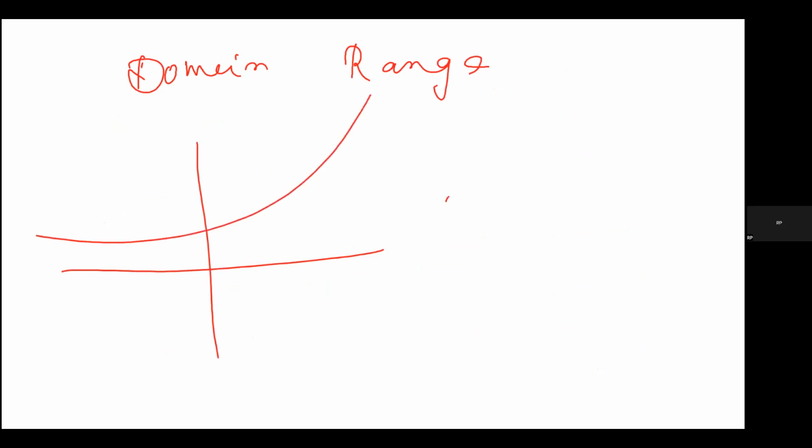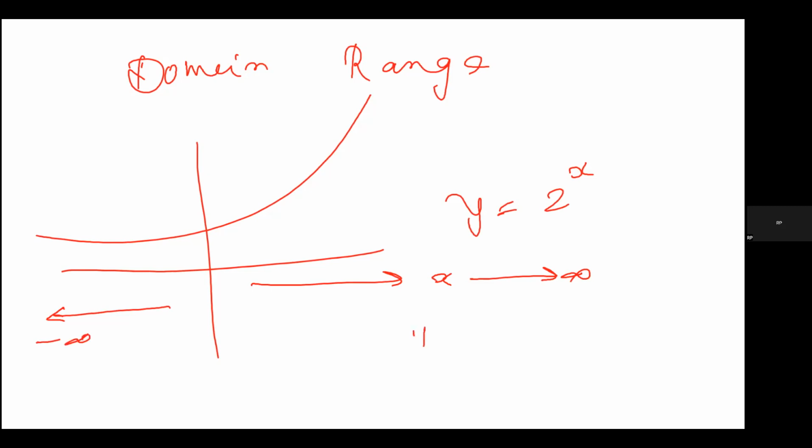Now, what are the domain and range of an exponential function? You can see that when y equals 2 to the power x, x goes to infinity on this side, and on this side it can go to minus infinity. So the domain is all real numbers; x belongs to all real numbers.